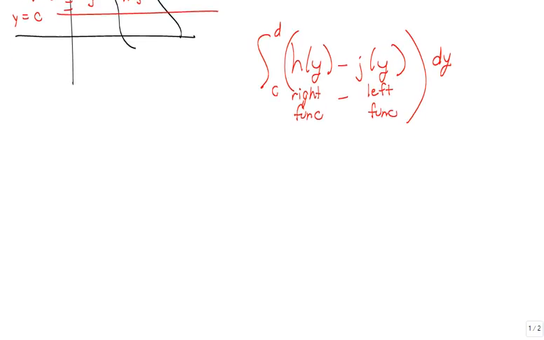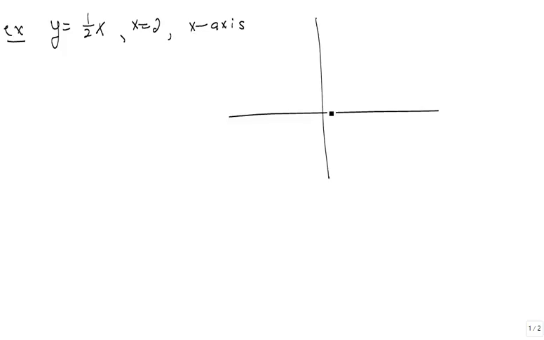Alright, so let's just work a few examples. I have y equals 1/2 x, x equals 2, and the x-axis, let's graph this region. A half x goes like that.